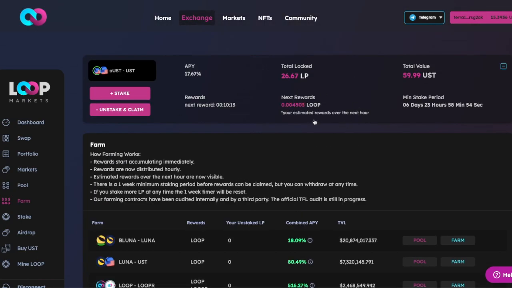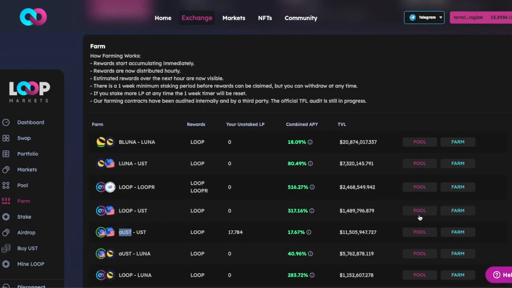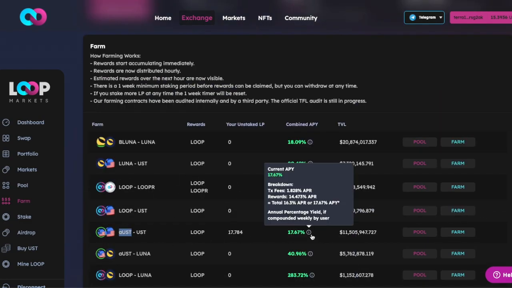There is a bit of a fee that goes along. They have called out the fee: transaction fee is 1.82%. Rewards is approximately 14% APR. So total is 16.3% APR or 17.67% APY.